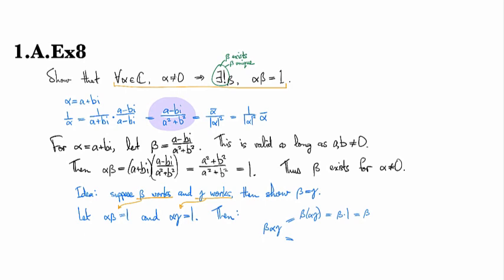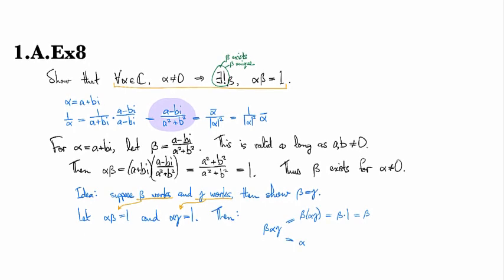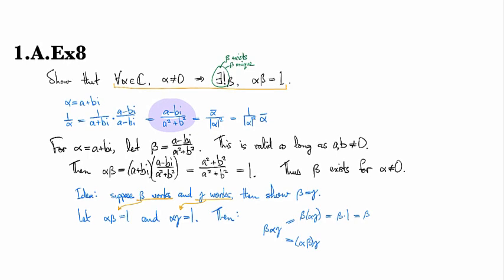On the other hand, I can switch these around using commutativity, and by associativity, parcel the alpha with the beta, and then I get 1 times gamma equals gamma. And now, going from start to finish, I have beta equals gamma.